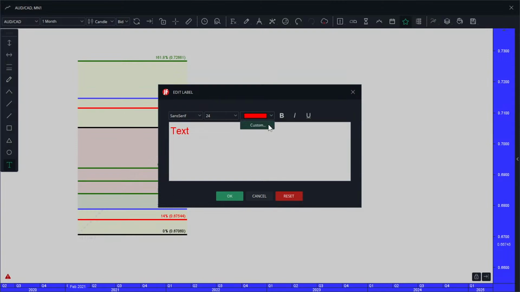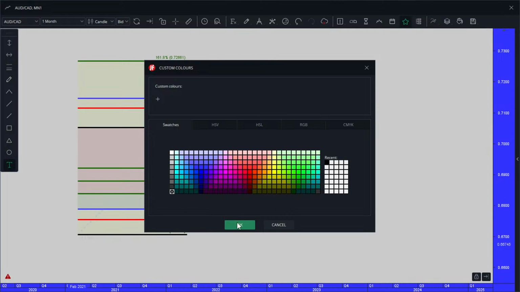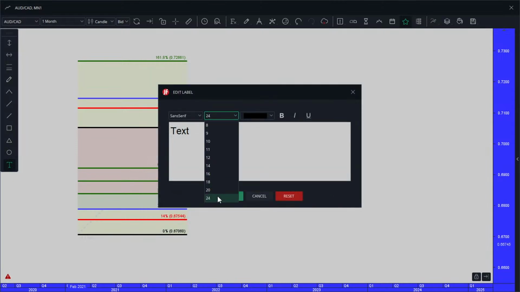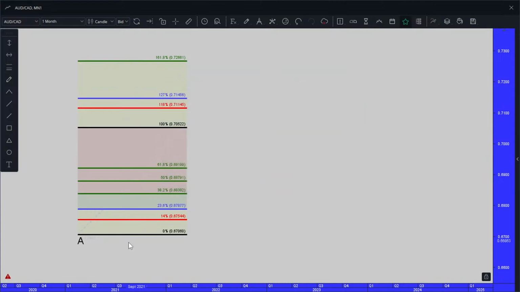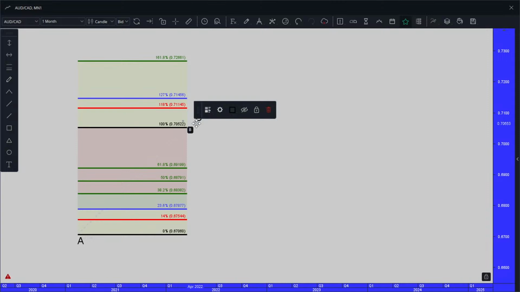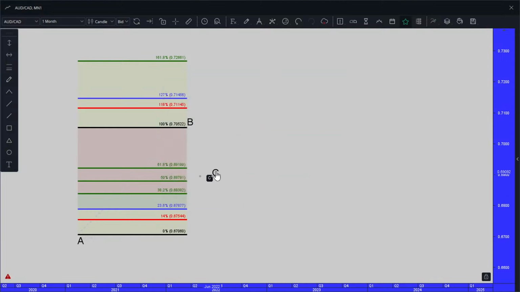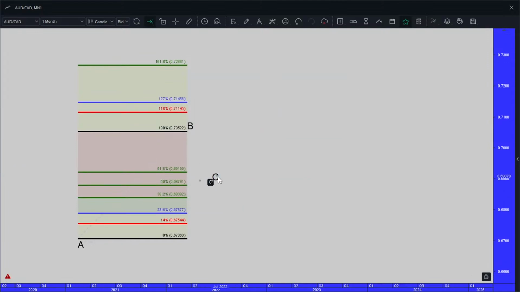Custom text 24. Alright, so you have our Fibonacci sequence. You have the A, up in here you have the B, alright, and somewhere down in here you have the C, alright, and this is your original Fibonacci on all time frames.